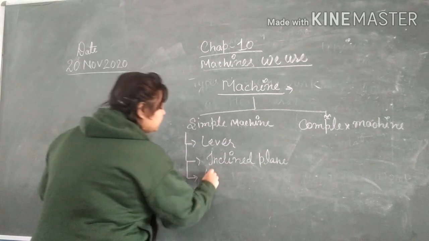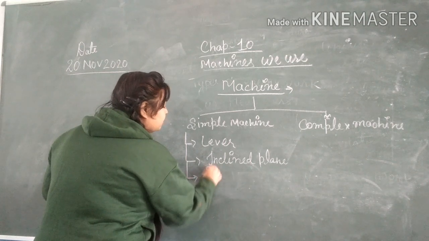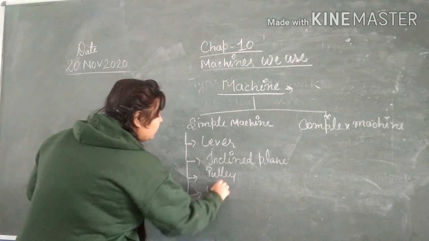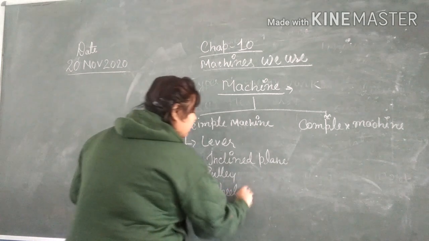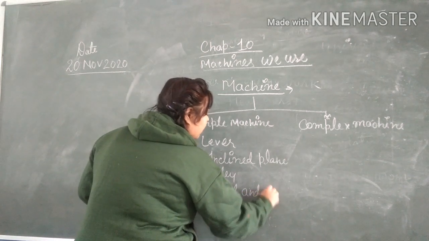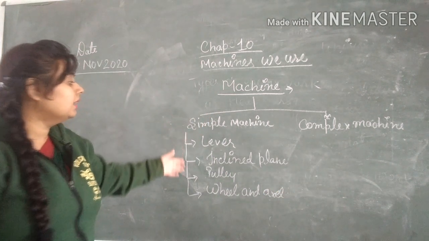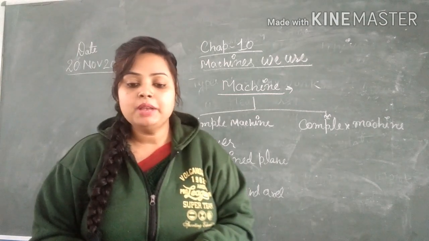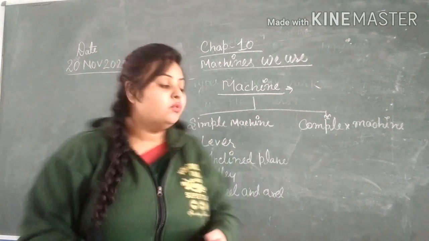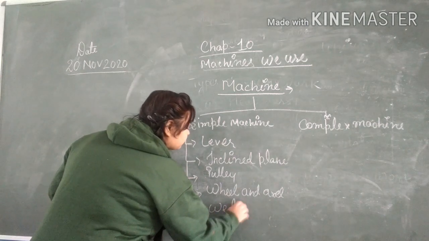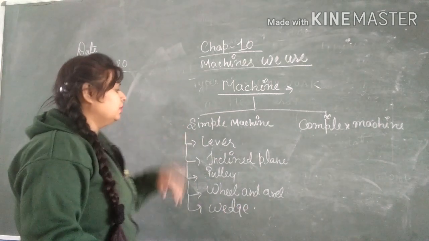Next is pulley, wheel and axle. All are types of simple machines, and wedge is also a type of simple machine.